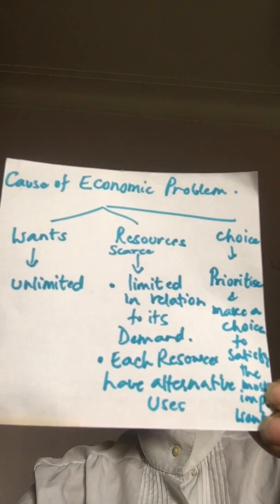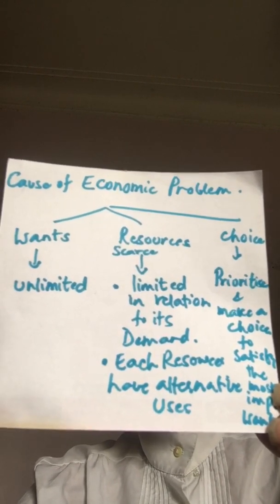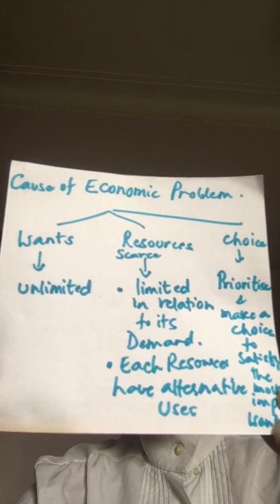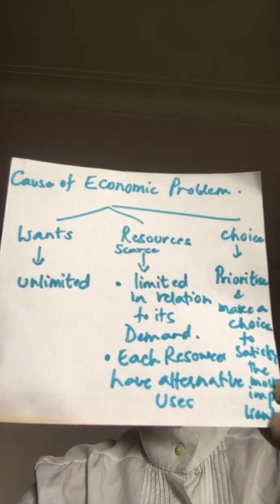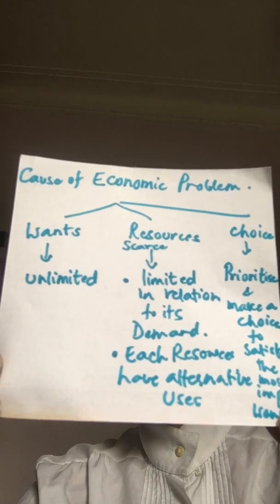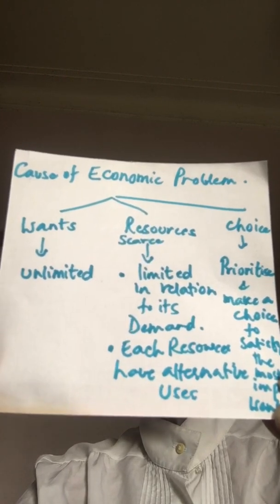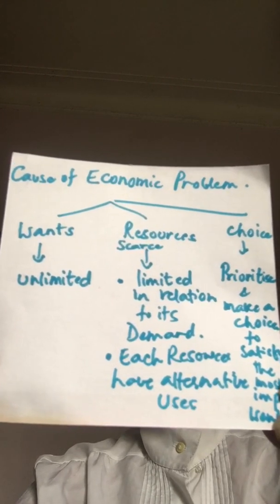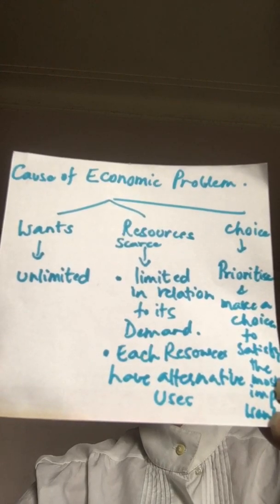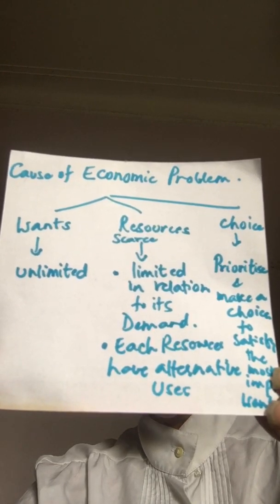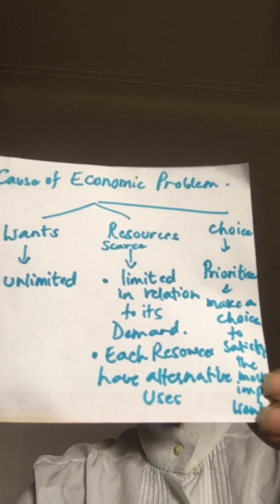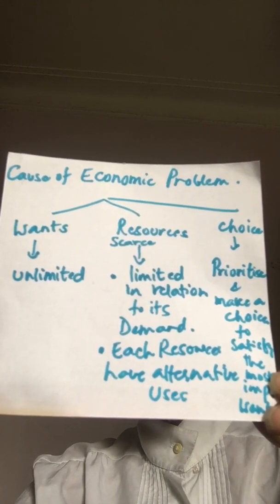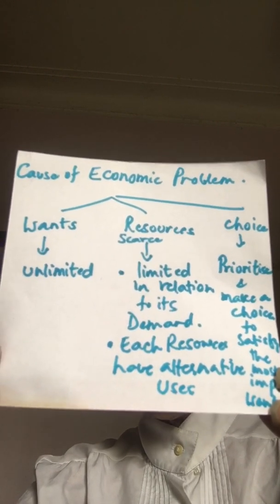The second one is limited resources, and who does not know about it? Whichever economy you might talk about, be it capitalist, socialist, or the mixed, any economy, any society, there are limited resources. And what are the resources?